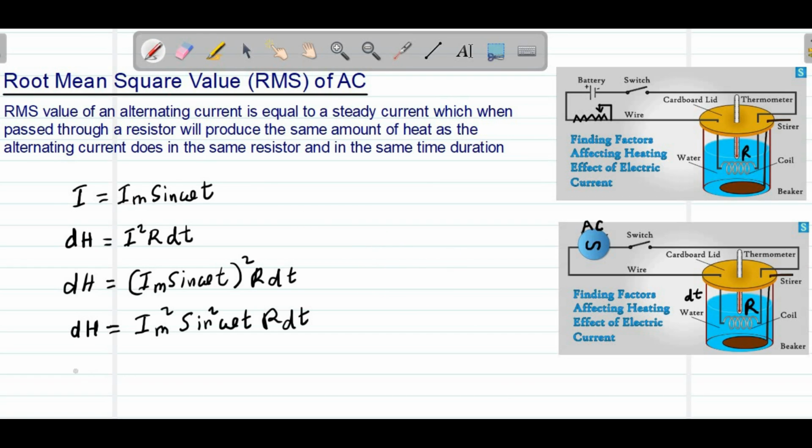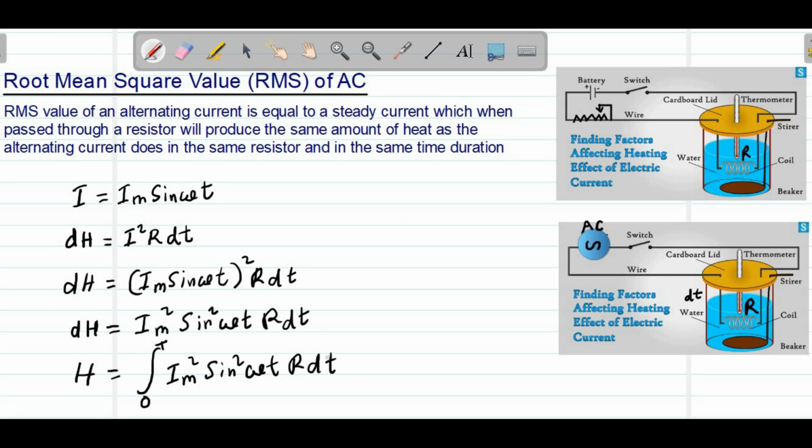Then the total heat energy produced in one time period we can obtain by integrating this expression from 0 to T. So the heat energy produced in one full cycle, H is equal to the integral from 0 to T, for one complete rotation of the armature, of Im square sin square omega t into R into dt.